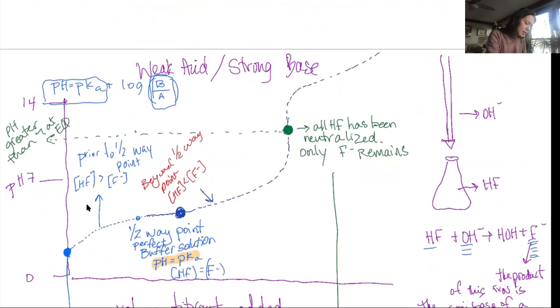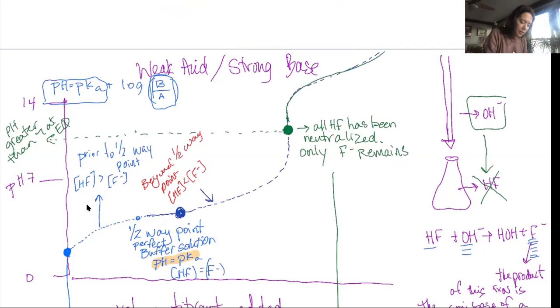As I continue this titration and I'm adding hydroxide to a container that has no hydrofluoric acid, it just continues to build up hydroxide ions. And at that point, the hydroxide dominates the pH.